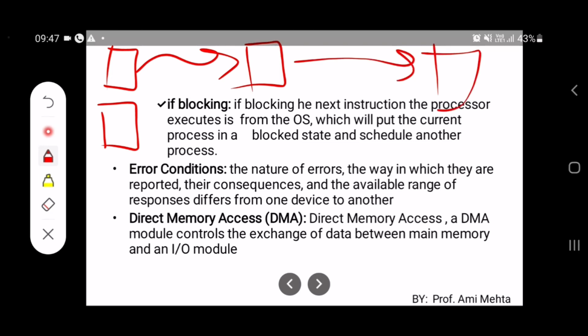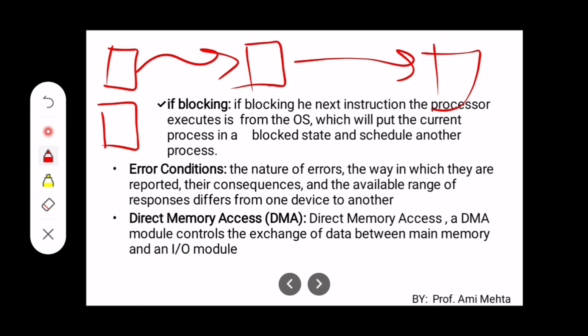From here some input output operation is working. Now process A will be in the blocked state and process B will execute. So the next instruction the processor executes is from the OS, which puts the current process, process A, into the blocked state and schedules another process.